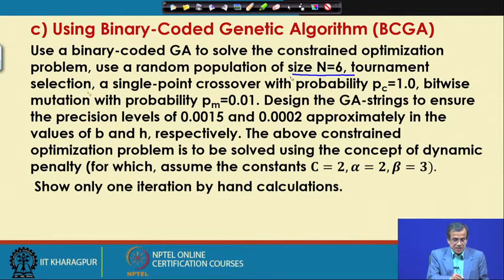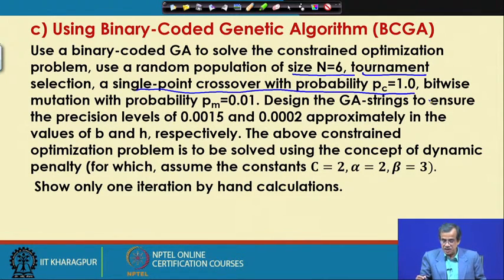We will use tournament selection, then single point crossover with a probability P c equals 1.0, so all the mating pairs are going to participate in crossover. Then bitwise mutation with a probability P m equals 0.01.